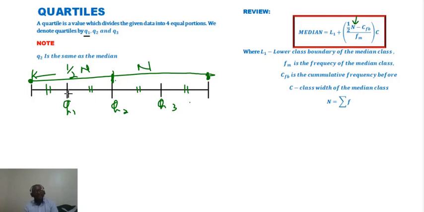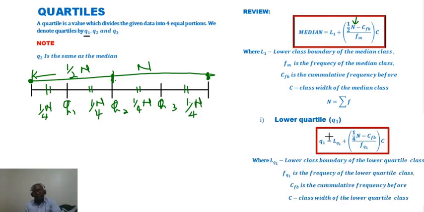Now, if this line here is divided into 4 equal parts, that means this is a quarter of the whole distribution. This is also a quarter of the whole distribution, and so on for each part, right? So Q1 here is the lower quartile, which is here.